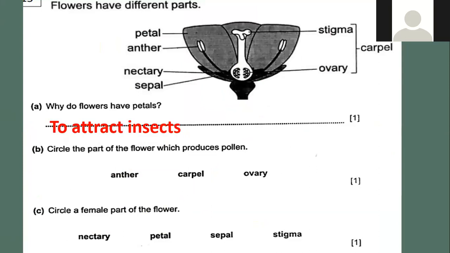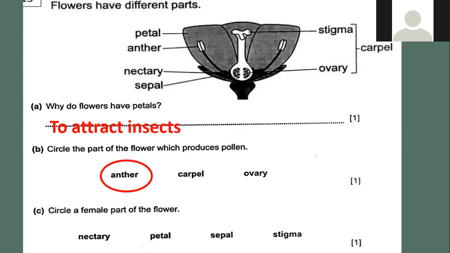They have bright colors to attract insects. B, circle the part of the flower which produces pollen. Where are pollen grains produced? Anther, carpel, or ovary? Think about it. Of course, it is the anther.